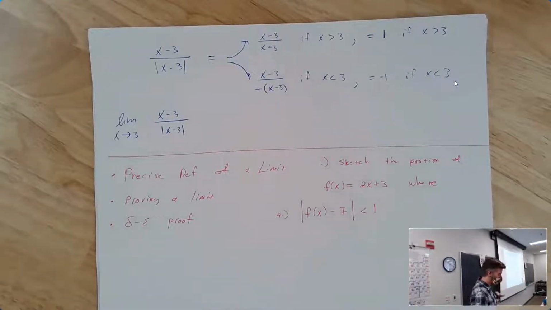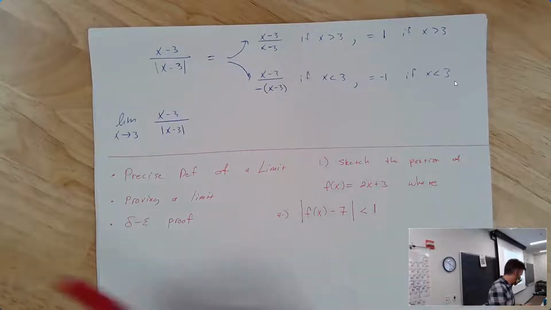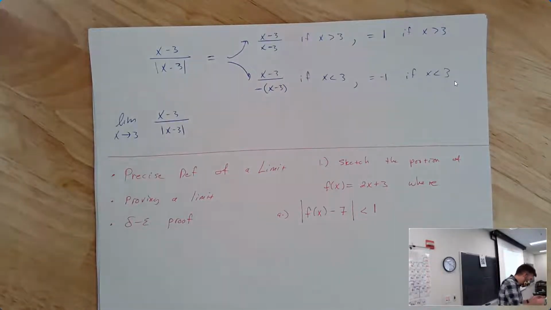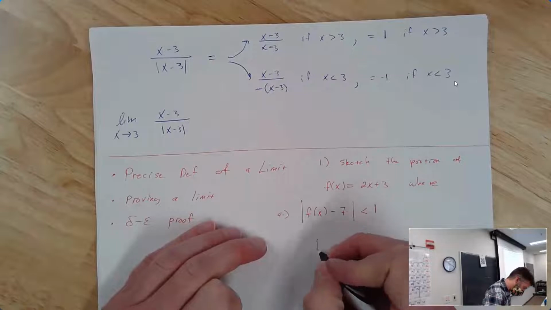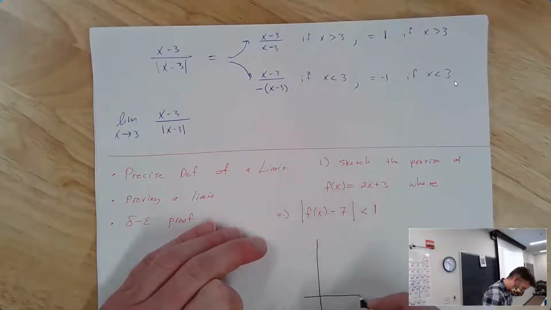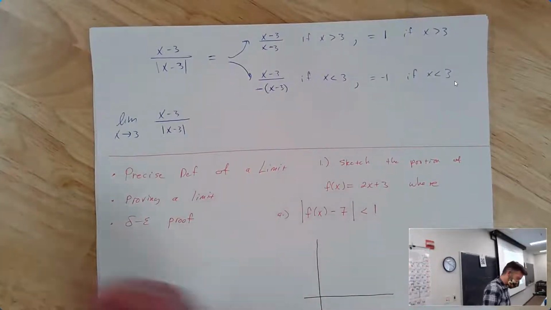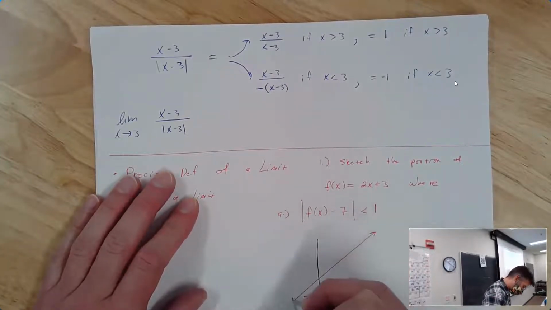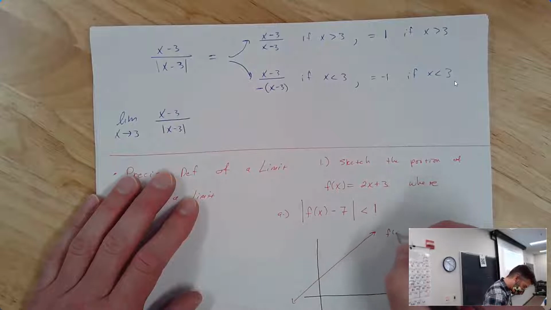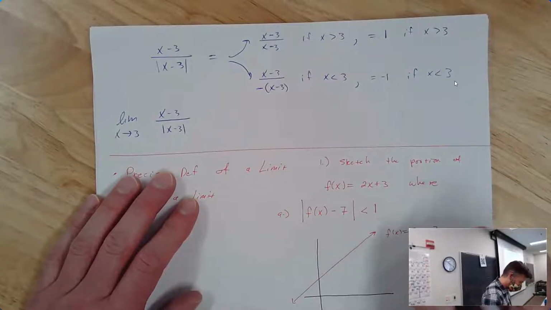Okay, well, we don't have to draw this graph. And I should use multiple colors here. So 2x plus 3, I know how to draw that. It looks vaguely like this. And I know the y-intercept would be 3.